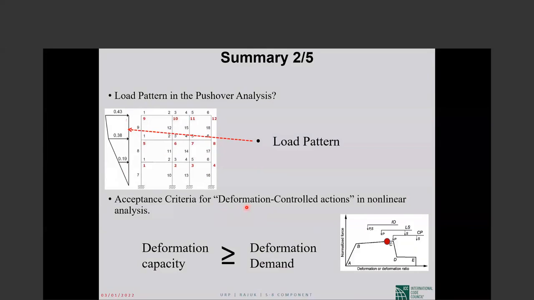Deformation capacity shouldn't be less than the deformation demand. So, for example, if we are checking for life safety, the capacity is here, demand is here, the demand passes it, so life safety is not attained here.